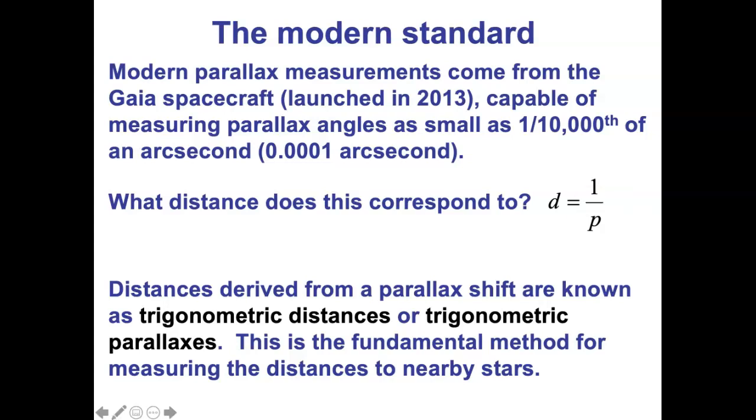Right? 1 divided by 1/10,000th is 10,000 parsecs. So the Gaia spacecraft has measured the distances and the parallaxes of stars out to 10,000 parsecs. There are over 1 billion stars in the Gaia database. So we now know with really fantastic precision.